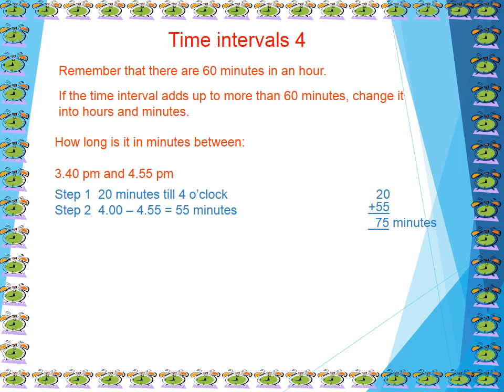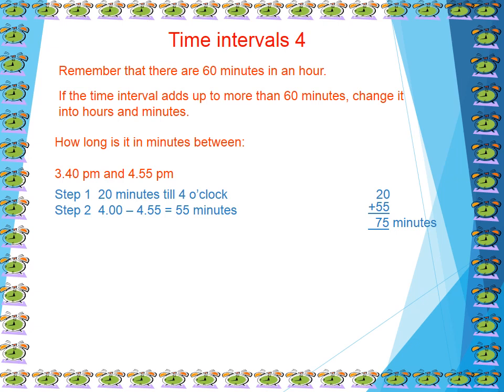First, from 3:40 to 4, how many minutes do we have? Yes, we have 20 minutes. Then the next step, from 4 to 4:55, how many minutes do we have? Yes, we have 55 minutes. When we add them together, 20 plus 55, we get 75 minutes.